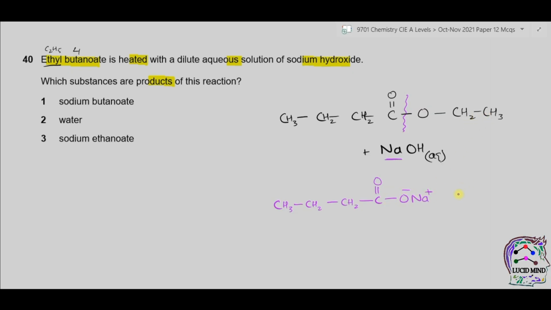While this part is converted into alcohol, we have CH3, CH2, OH. We have 4 carbon atoms and we have sodium, so this is sodium butanoate. And the second product is ethanol.